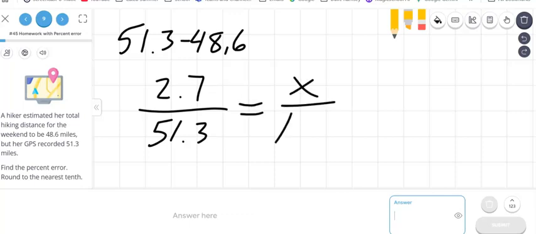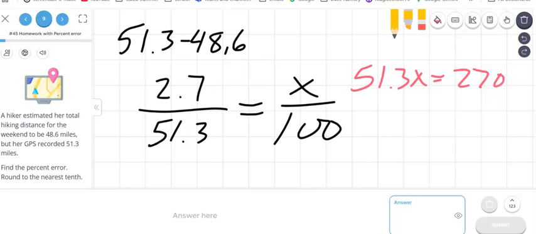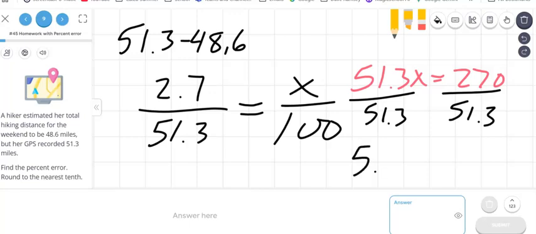Let's see if this works. Cross products, 51.3x equals 270. And we're going to divide both sides by 51.3. So 270 divided by 51.3 gives me 5.2631.